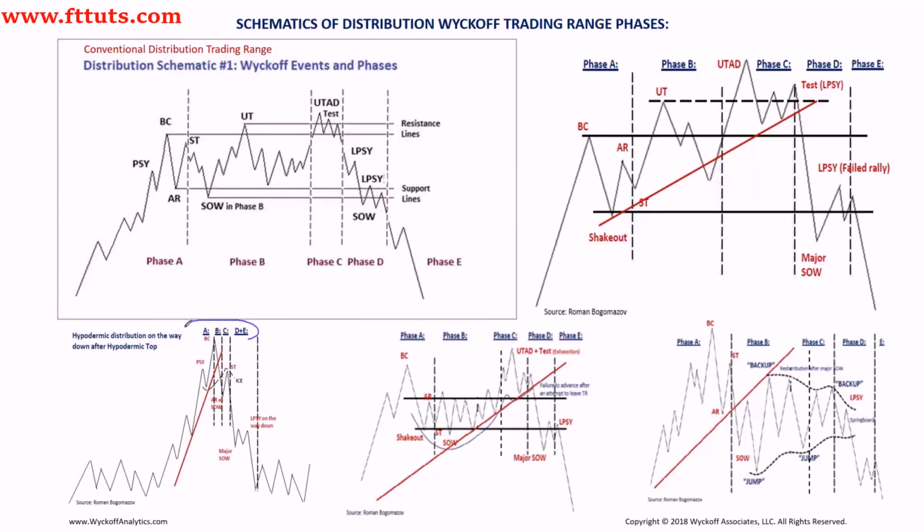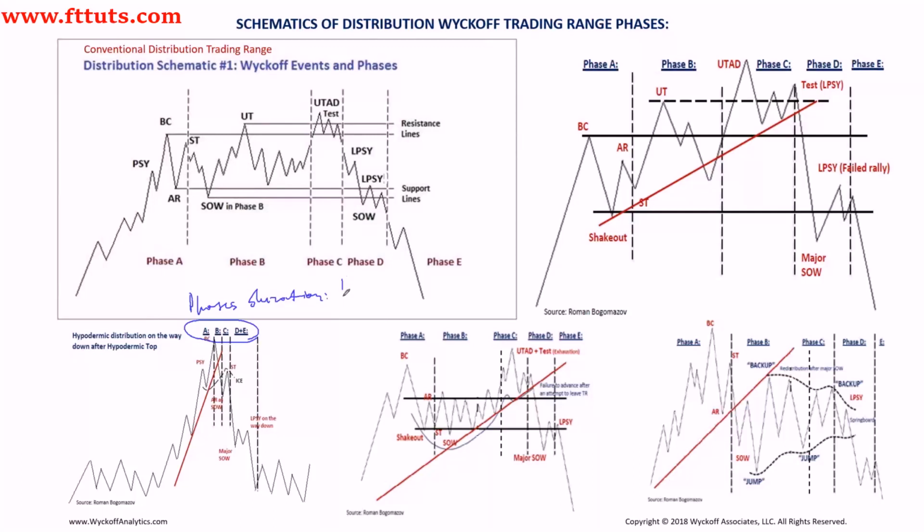And this is the biggest difference between the hypodermic formation and anything else that we see here on this slide: the phases are going to collapse, and the duration of the phases is going to shorten.